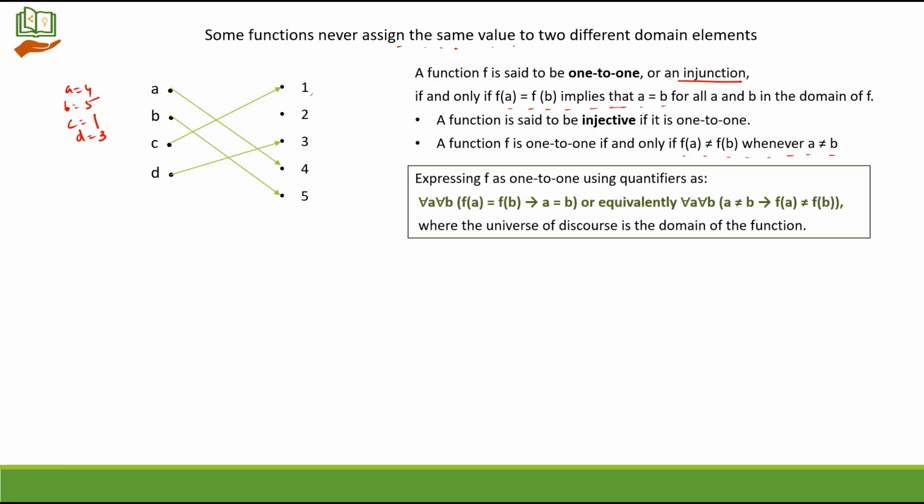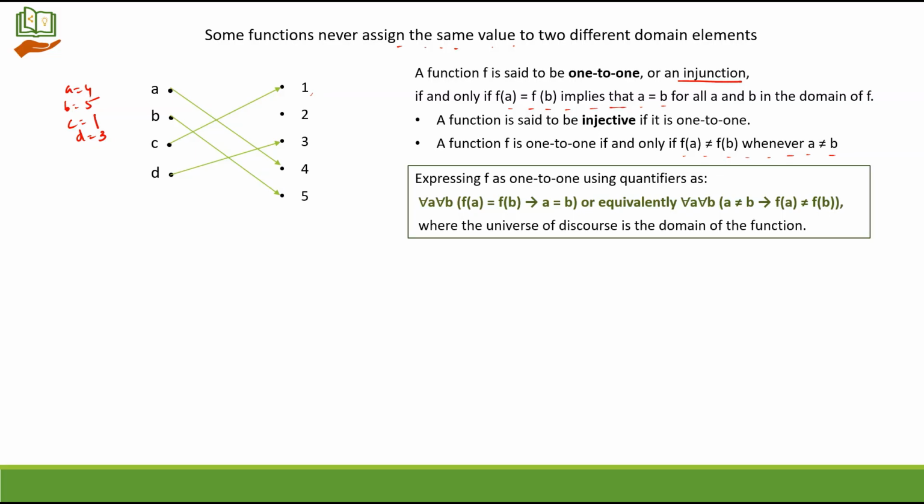Expressing f as one-to-one using quantifiers, how can we represent it? For all a and for all b, f(a) equals f(b) implies a equals b. This is one way of expressing it. Otherwise, for all a and for all b, if a is not equal to b, then f(a) is not equal to f(b).